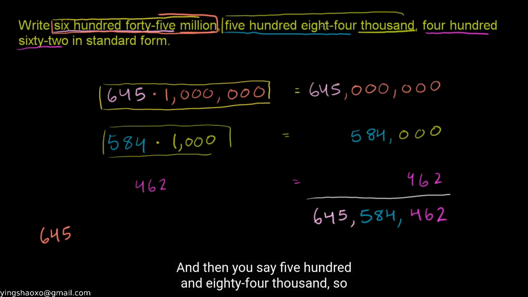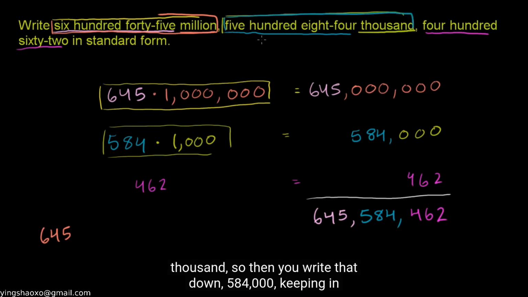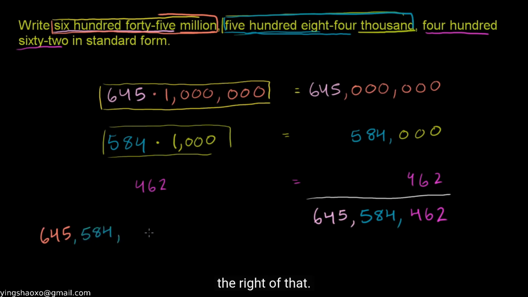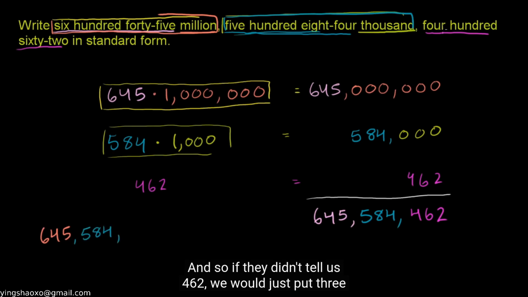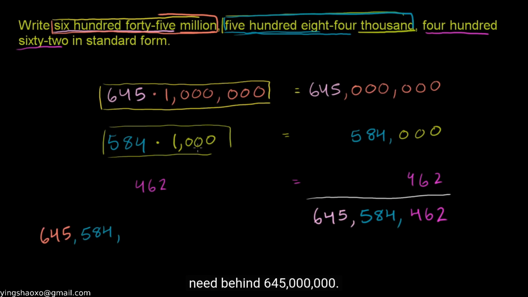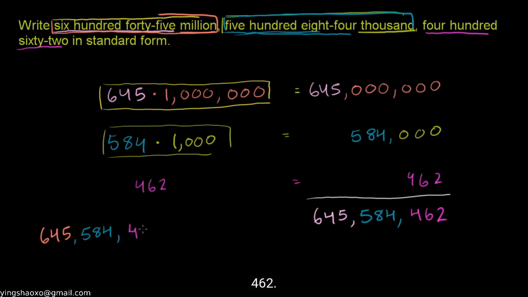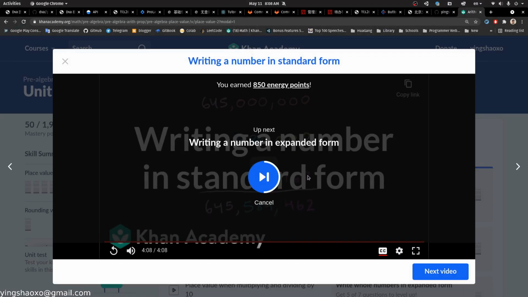And then you say 584,000. So then you write that down, keeping in mind that you're going to need 3 digits to the right of that. And so if they didn't tell us 462, we would just put 3 zeros here. And that would also fulfill the 6 zeros we need behind 645 million. But then they tell us 462, so we just write that right here, 462. Well, that's intuitive.